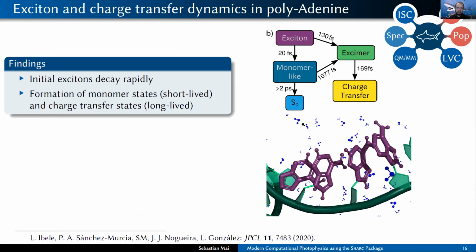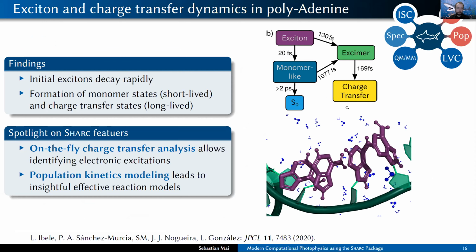What was seen was actually that initially one populates through absorption excitonic states that quickly either localize to monomer-like states or go into excimer states, which then later can relax to long-lived charge transfer states.